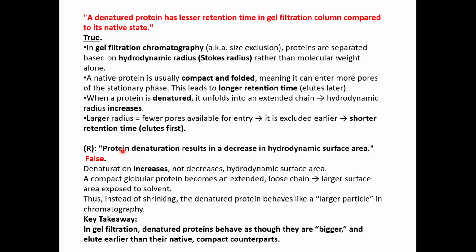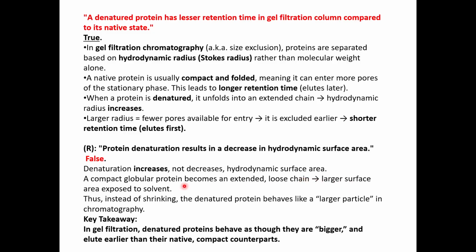Then the reason that they had given here is that protein denaturation results in decrease in hydrodynamic surface area. So this is opposite. Protein denaturation increases the hydrodynamic radius. So this is false. Denaturation increases, not decreases, the hydrodynamic surface area. So a compact globular protein becomes extended and becomes a long loose chain.